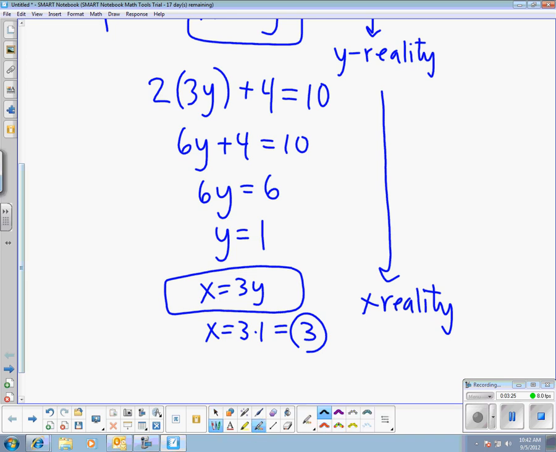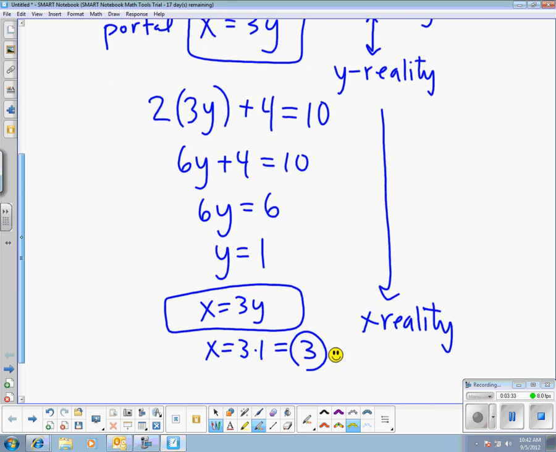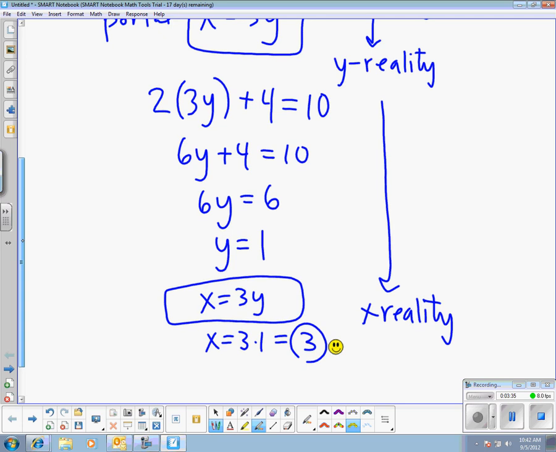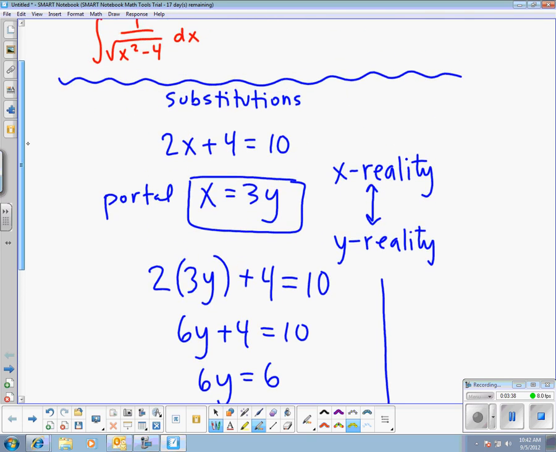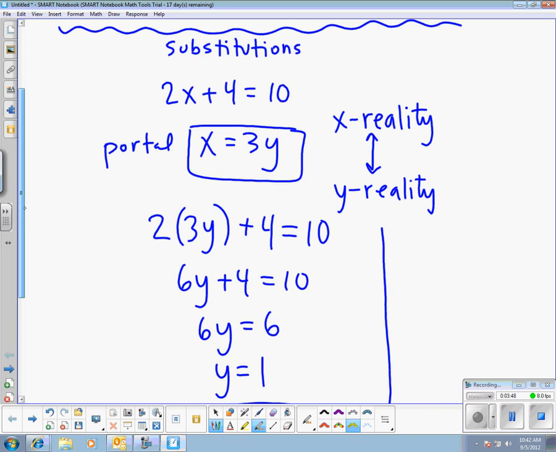I made a really easy problem really difficult by swapping out of x reality into y using this doorway, and then back into x reality. The point is, you can create a doorway to be whatever you want. You set up the rules for your portal. Just make sure that you use it going backwards as well.